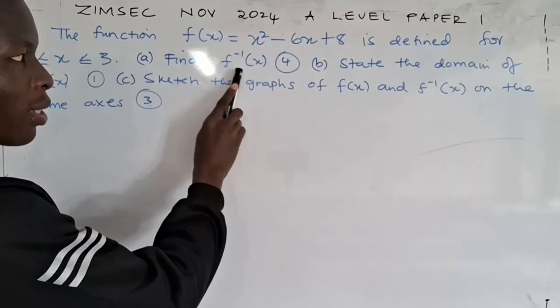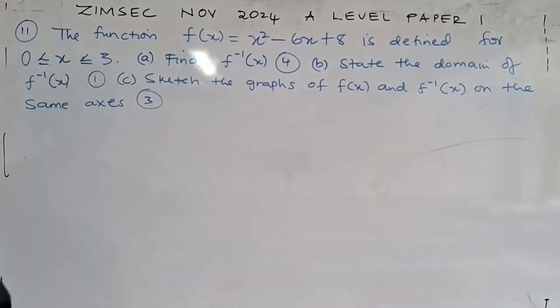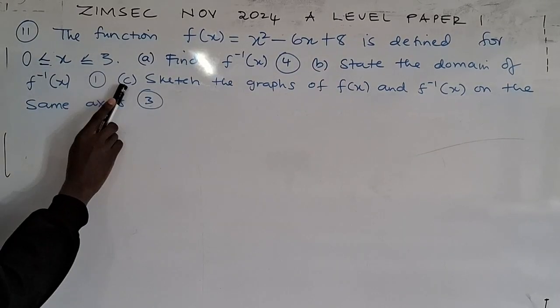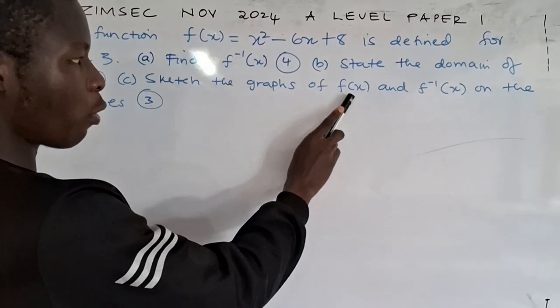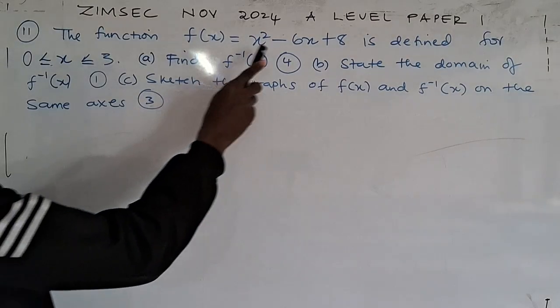This is nothing but the inverse of f of x. B, state the domain of the inverse of f of x. C, you are supposed to sketch the graphs of f of x and the inverse of f of x on the same axis. Okay, so we want to find the inverse of this.